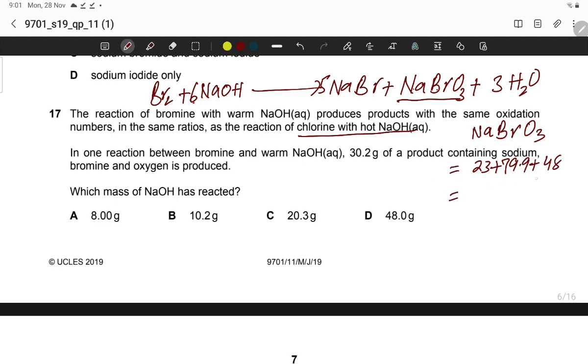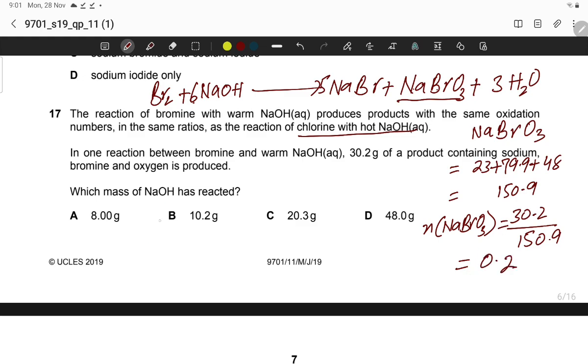This is equal to 150.9. Now the mole of NaBrO3 is 30.2 divided by 150.9. The answer is 0.2 mole.